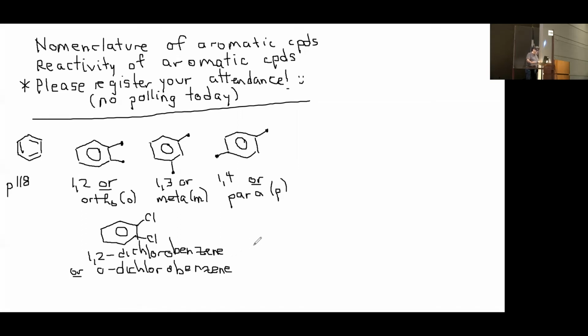Well, let's take a look. Let's do this one. And I might have to erase a little bit in order to make some room. Let's just for fun put an aldehyde functional group over here.